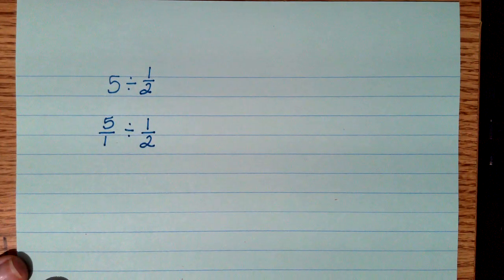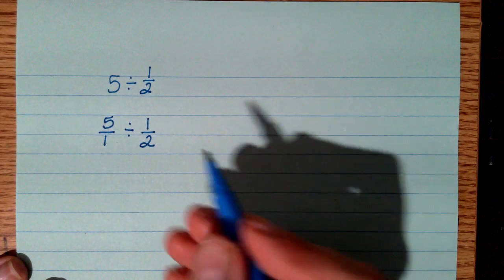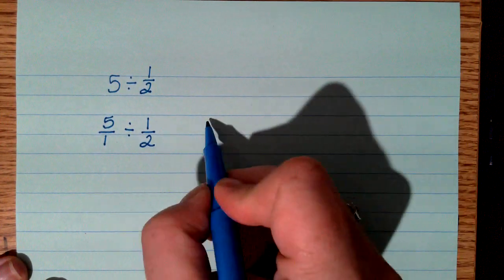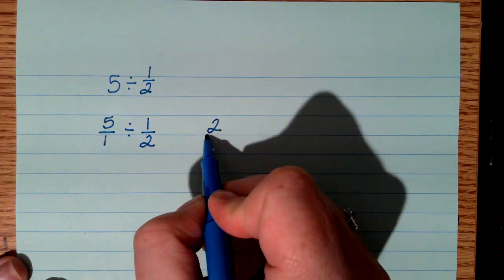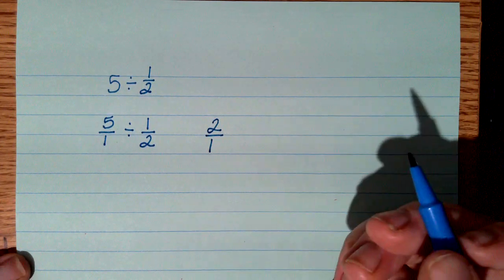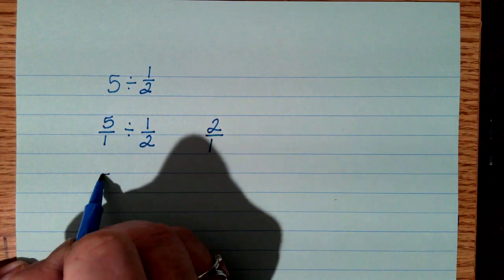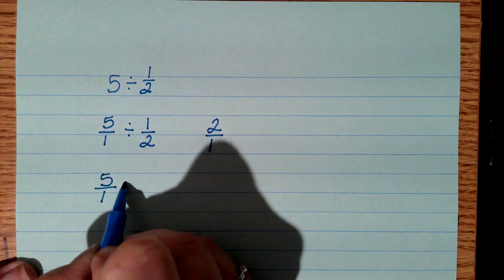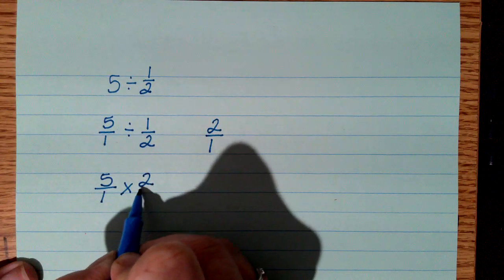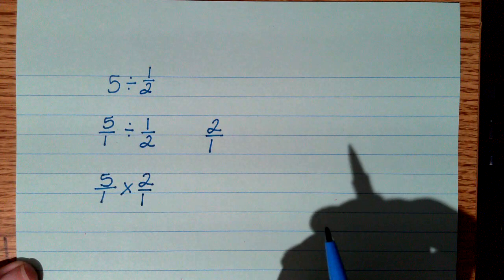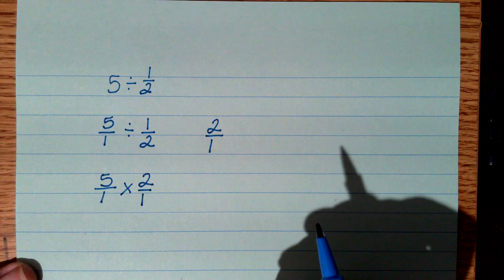Step 2 is we're going to write the reciprocal of 1/2. So the reciprocal of 1/2 is 2 over 1. And so we're going to write that and change it to a multiplication sign. So it's going to be 5 over 1 times 2 over 1. Well, this should make our job super easy.